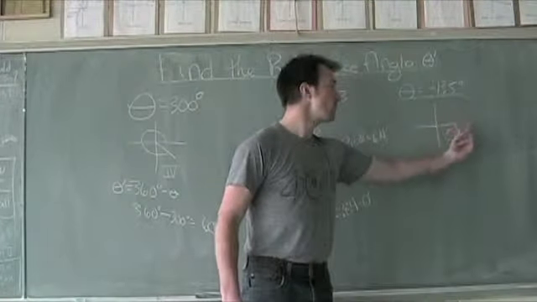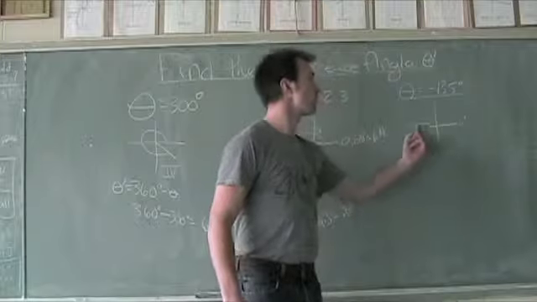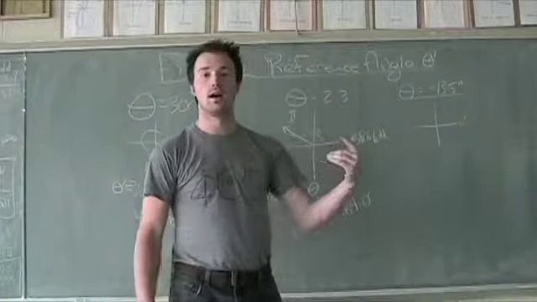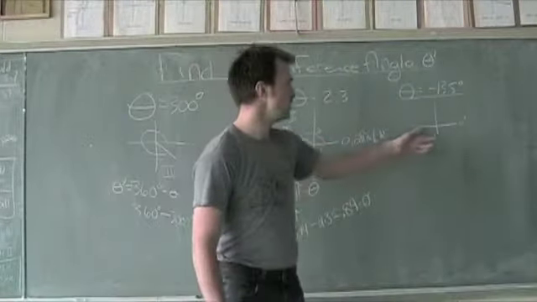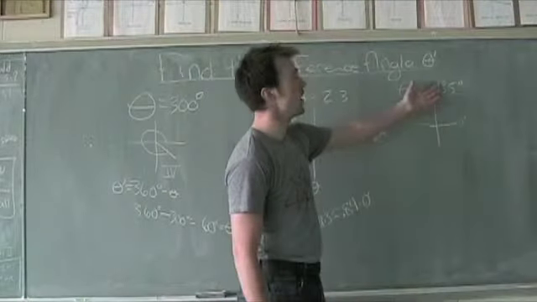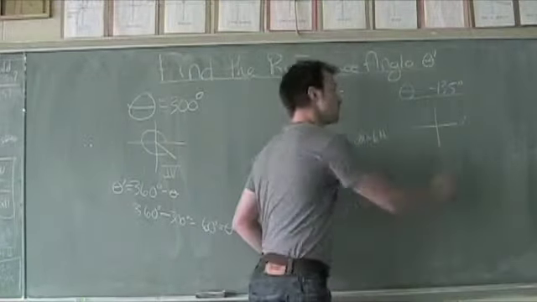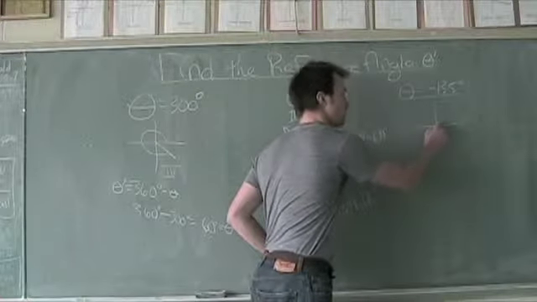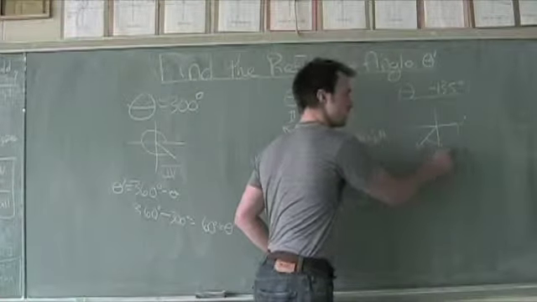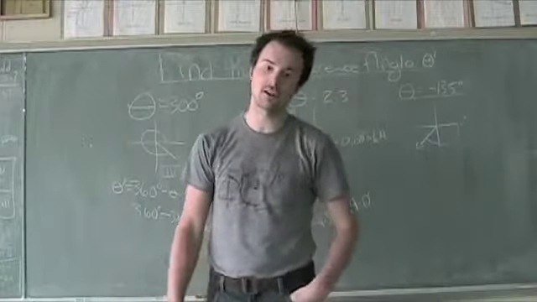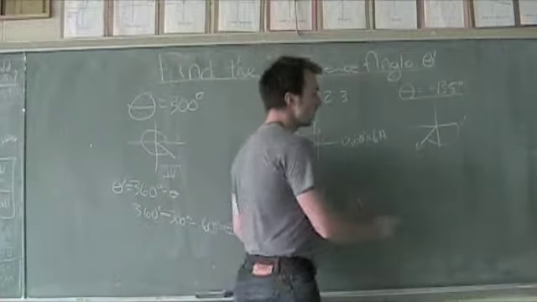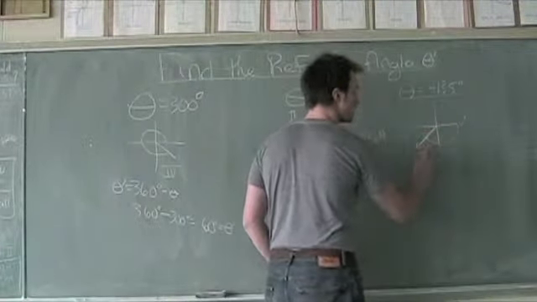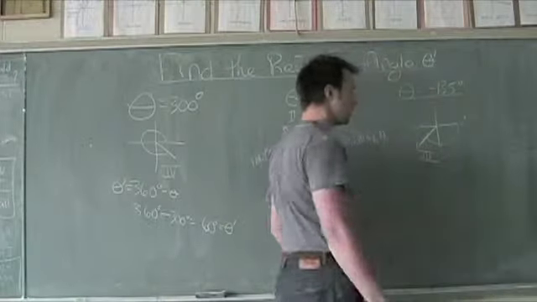A negative degree measurement indicates that we're going to be moving clockwise around our field here. So we need to go to negative 135. Negative 135 degrees is right over here, because a negative 90 would put us at 270 degrees. So if we come over here, we're now in quadrant 3.